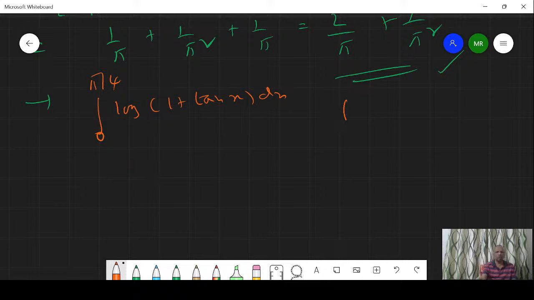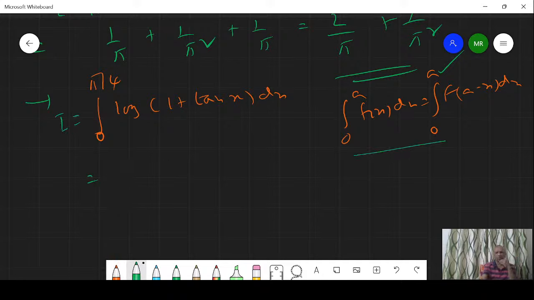Here you can always remember that the integral from 0 to a of f(x) dx is always equal to the integral from 0 to a of f(a − x) dx. I can use this concept here. Let I be equal to, apply this formula, the integral from 0 to π/4 of log of 1 + tan(π/4 − x) dx.